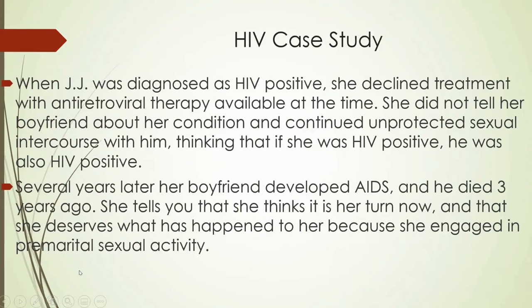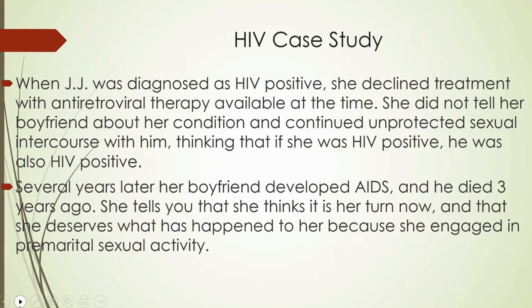She did not tell her partner about her condition and continued unprotected sexual intercourse with him, thinking if she was HIV positive, he was as well. But several years later, her boyfriend developed AIDS and died 3 years ago. And she tells you she thinks it's her turn now, and she deserves what's happened to her because she engaged in premarital sexual activity. So there can be a big emotional component, especially with HIV.